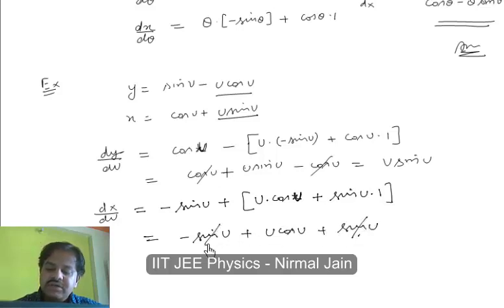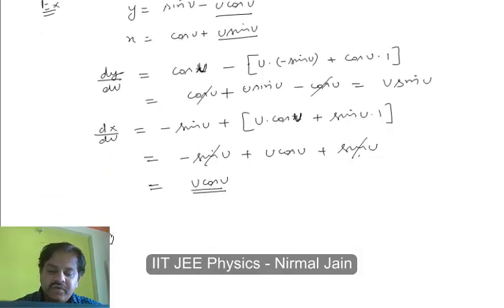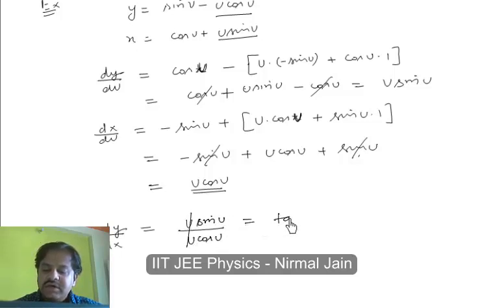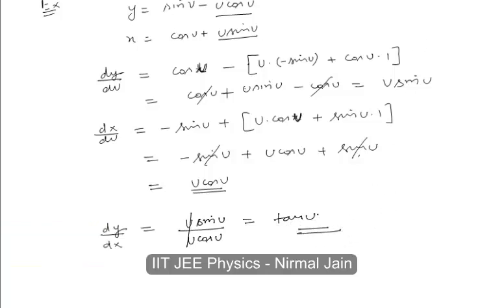These two cancel out, so it is u cos u. Overall dy/dx is dy/du divided by dx/du, so u sin u by u cos u, that is tan u. This is the final answer in this case.